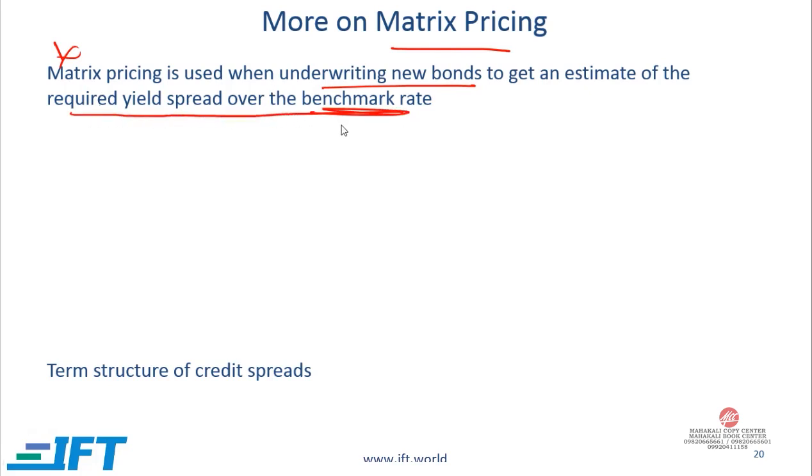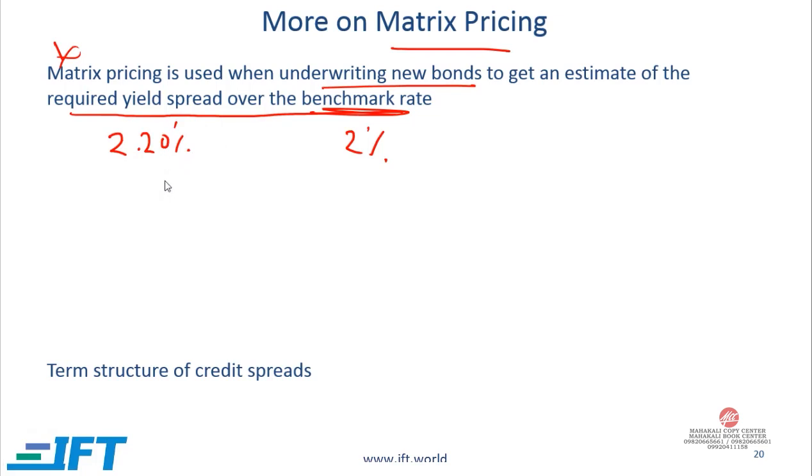The benchmark rate could be LIBOR, or it could be the rate on a government bond which is similar. Let's say a government bond with the same maturity and the same coupon rate. Let's say that a comparable government bond has a YTM of 2%, and with the matrix pricing method that we just used, we get a YTM of 2.20%.